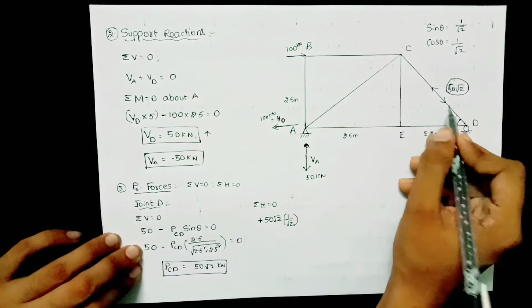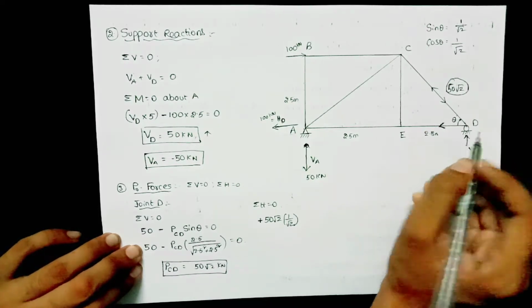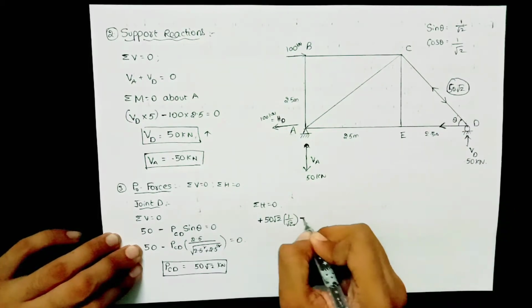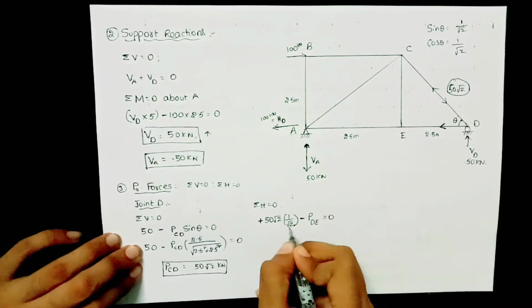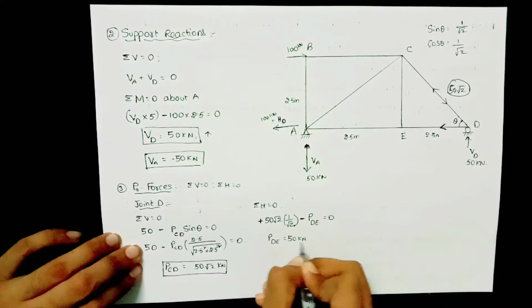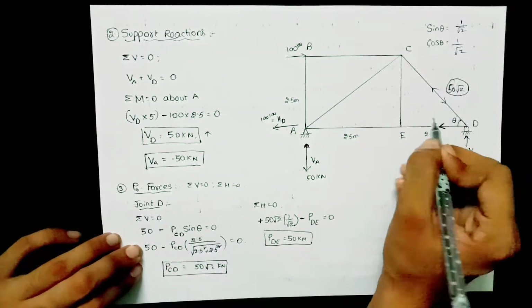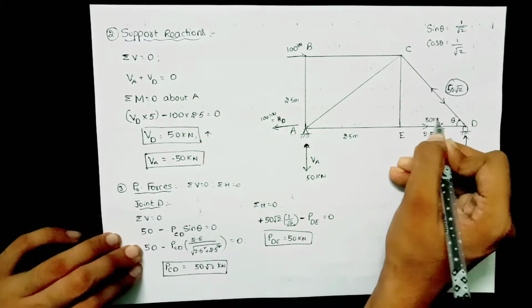Since PCD is towards the joint, I am assuming this force PDE as away from the joint. So it is in the left side direction, so it is negative. PDE equal to 0. So from this, PDE equals 50 kilonewton. Since it is away from the joint, it is in tension. So this is 50 kilonewton.